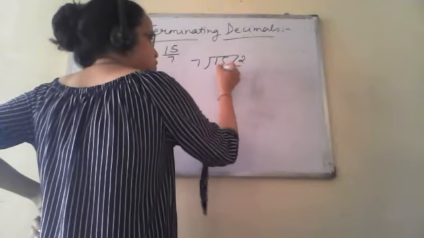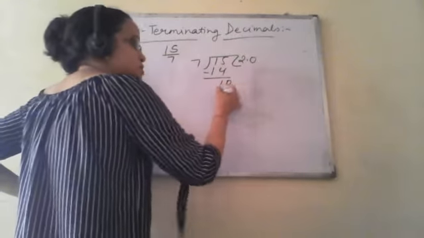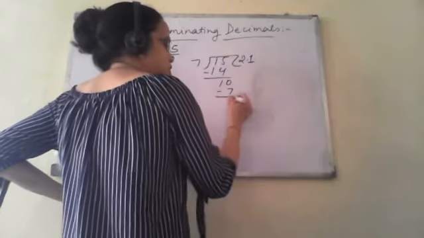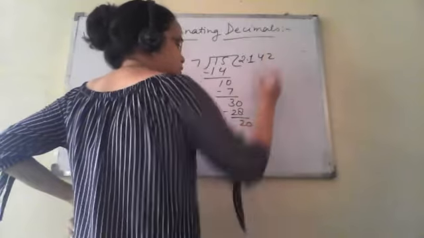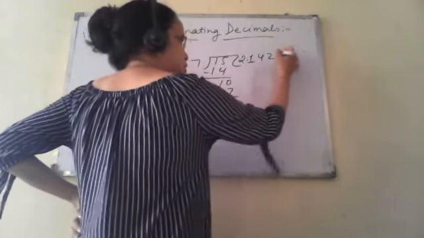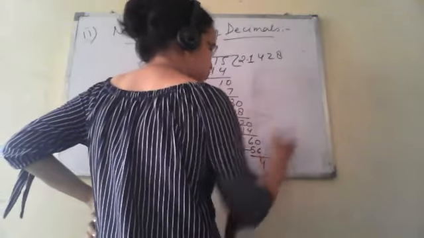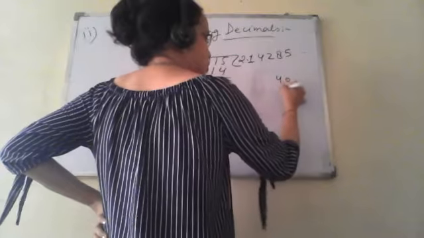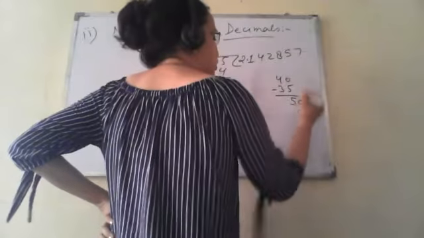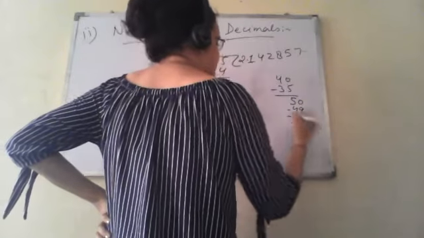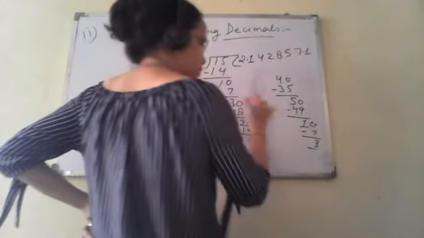This is 2, this is 1, this is 3, this is 2, 8, and this will again start repeating from this step.